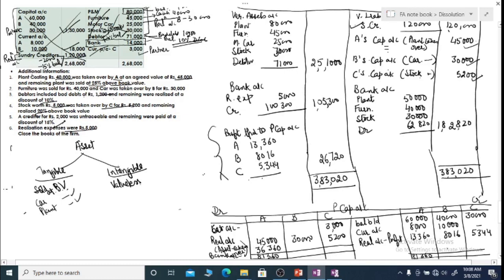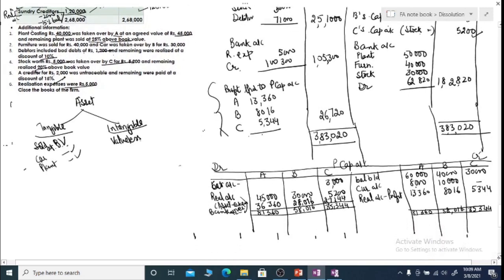For B also you have credit side total higher than that of debit side, so it is 28,016 as the final payment. Same is the status of C, he shall also be paid. So 35,344 is the total, so 27,144.